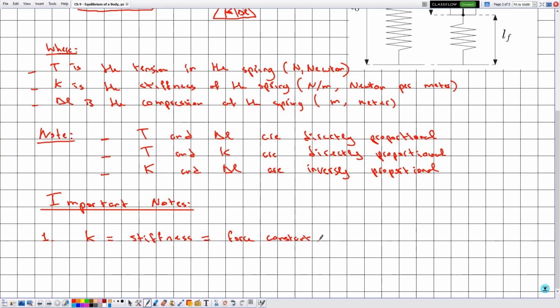And an additional name for this one is the spring's constant, or constant of the spring.